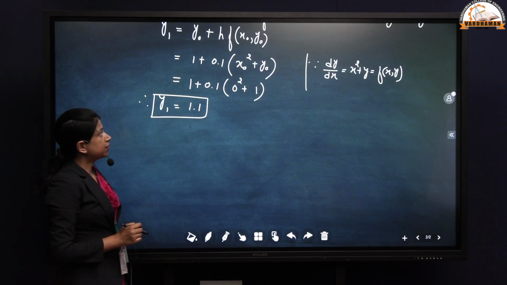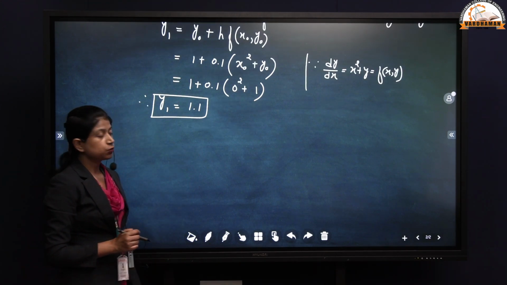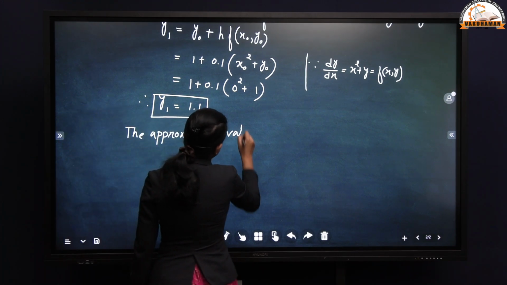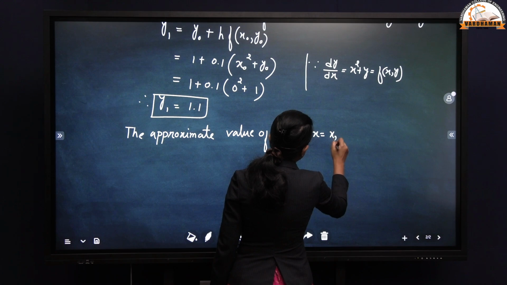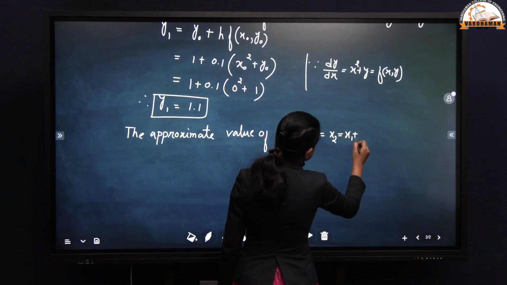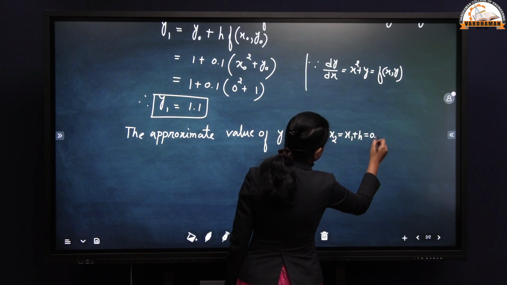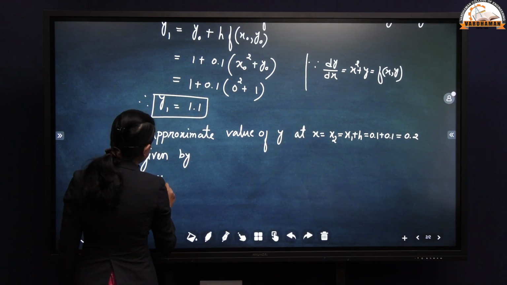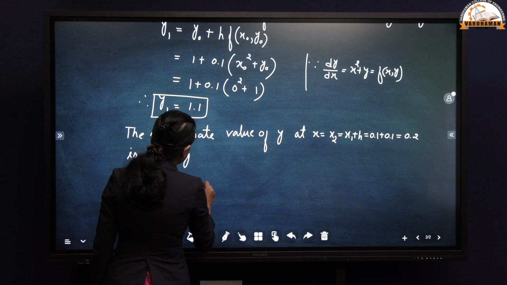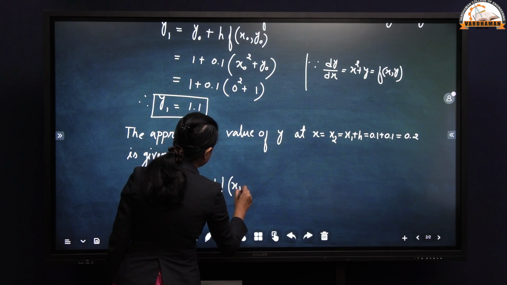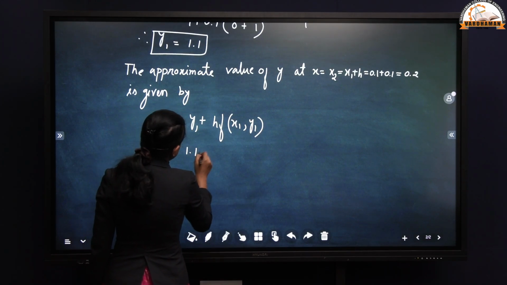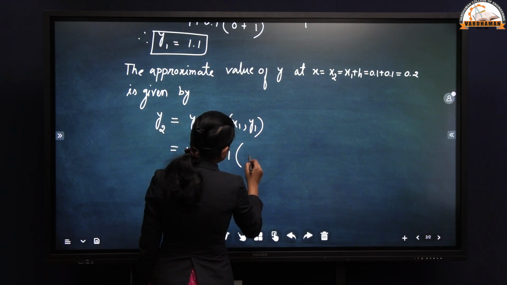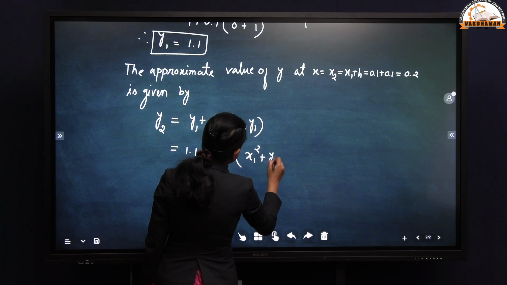Now we have x1, y1 values and we will approximate y for x equal to x2. The approximate value of y at x equal to x2, that is x1 plus h, x1 is 0.1, h is 0.1, so this is 0.2, is given by y2 equal to y1 plus h into f of x1 y1. y1 is 1.1 plus h is 0.1 into f of x1 y1, which we can write as x1 square plus y1.